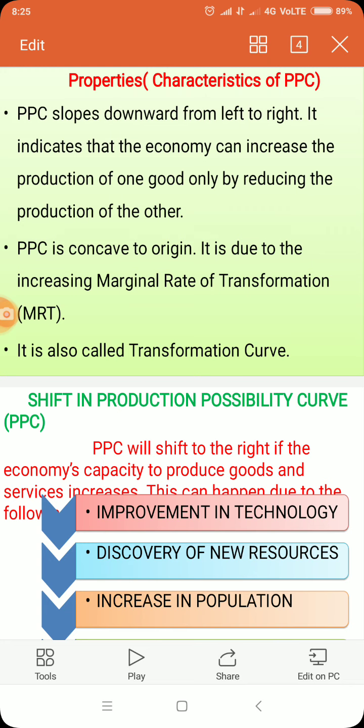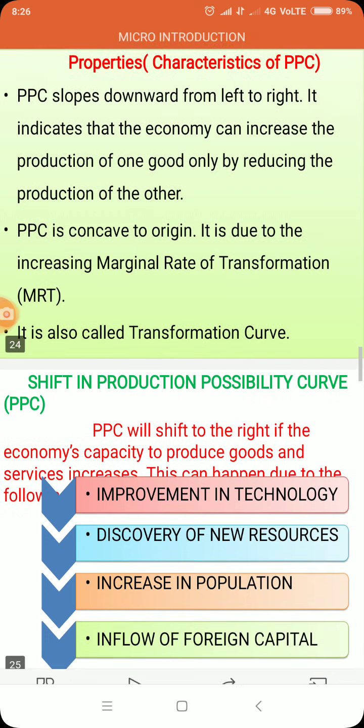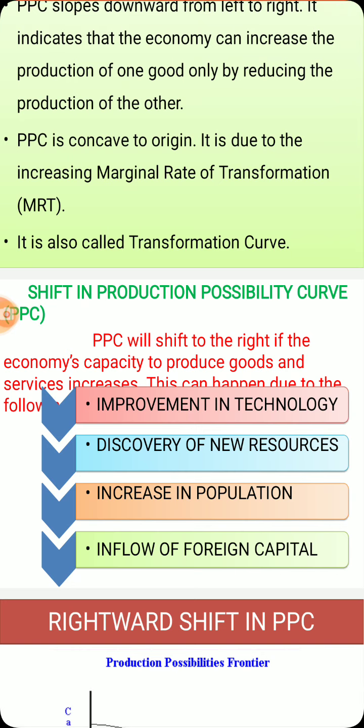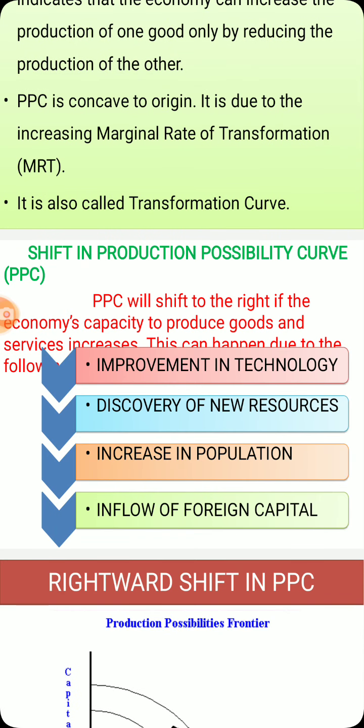Now let us read out the situations when the shifting of the production possibility curve takes place. The production possibility curve will shift or rotate under the following conditions. The first condition is change in resources. The production possibility curve will shift to the right if the economy's capacity to produce goods and services increases.